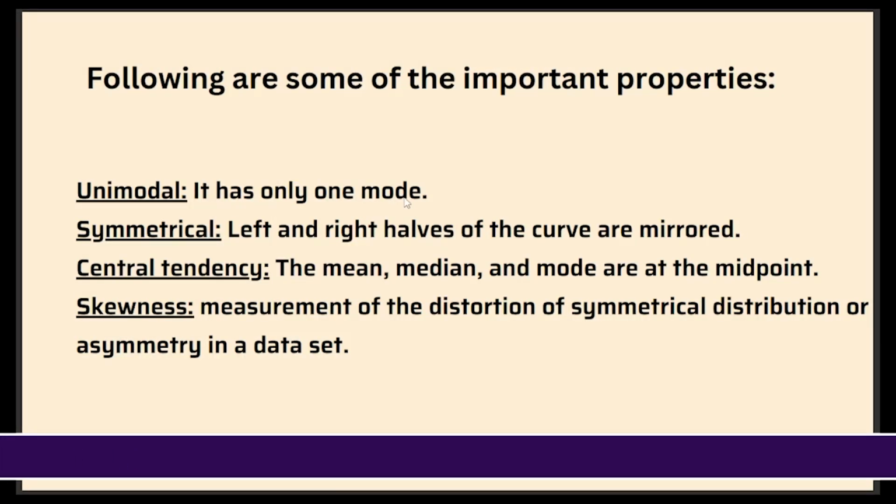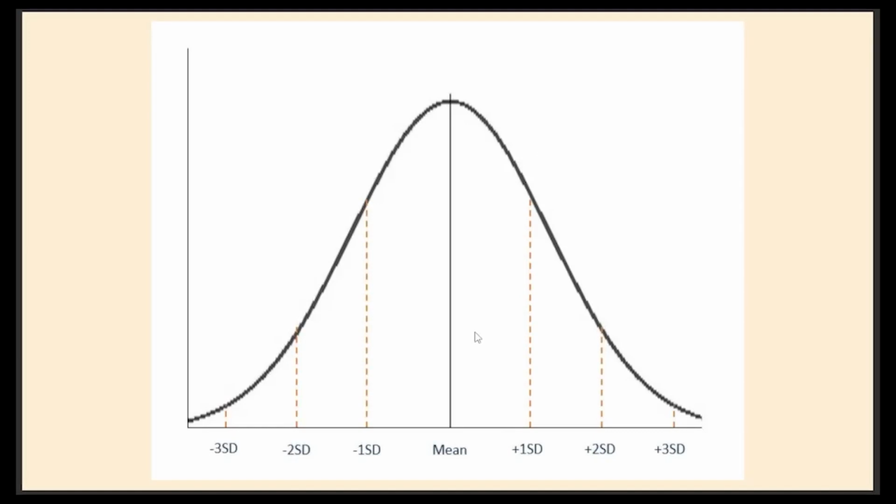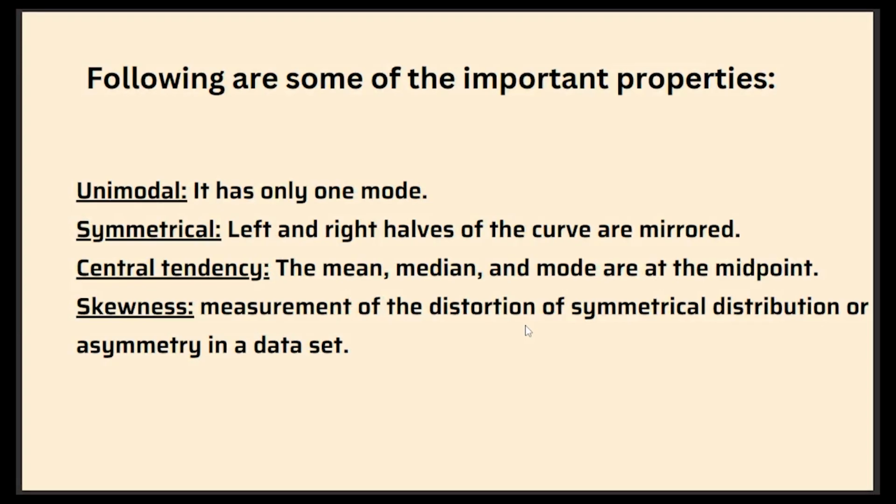Most frequent observation is also known as mode. So a normal distribution has only a single mode. Now symmetrical: left and right halves of the curve are mirrored. In this diagram we can see that the left and the right parts are mirrored, which means they're exactly the same.